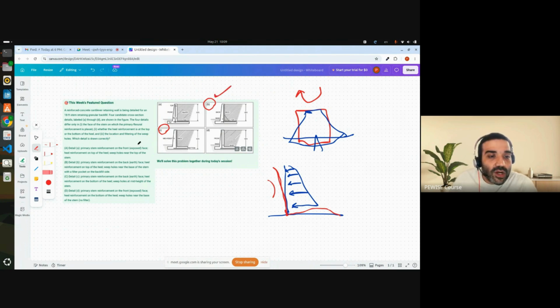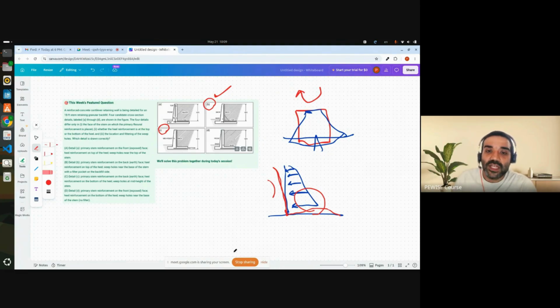But with regard to the filtering, we don't want to have pore pressure behind the wall, especially at the bottom part, because this part causes the highest amount of lateral load. And if you remember, usually the coefficient of horizontal to vertical is around 0.3 for the soil, but for water, the vertical and horizontal are the same.